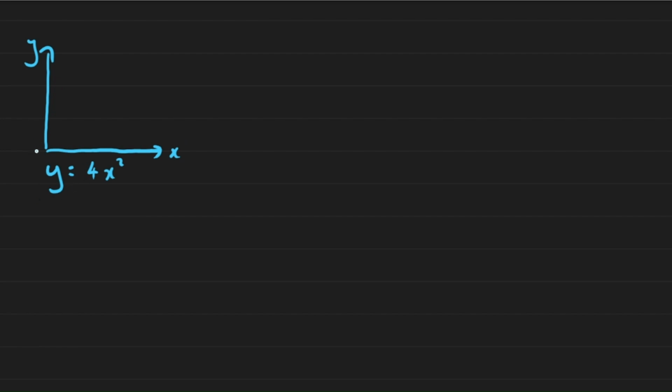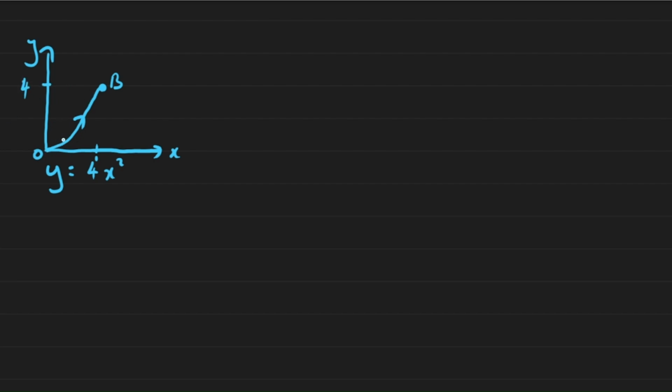We have two points, O and B, and the curve between these two points is 4x squared. So it looks something like this. It's a quadratic. And where x is equal to 1, then y is equal to 4.